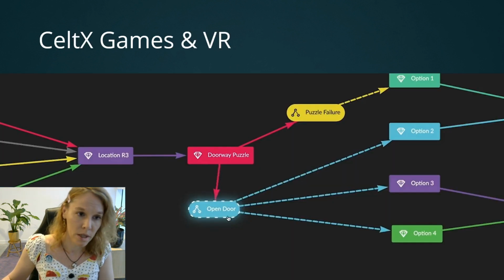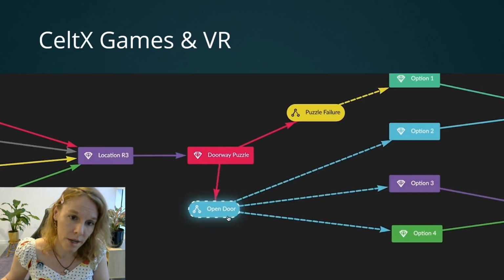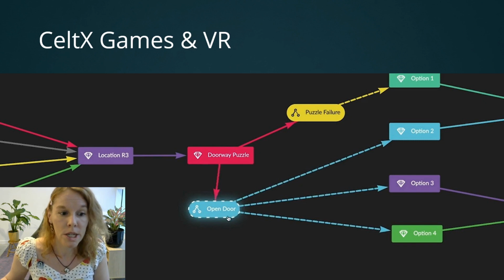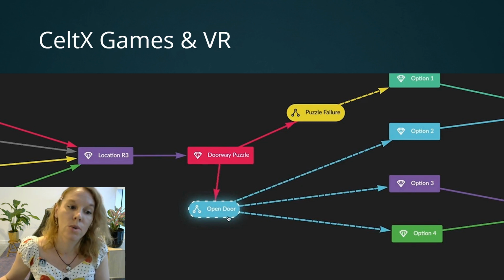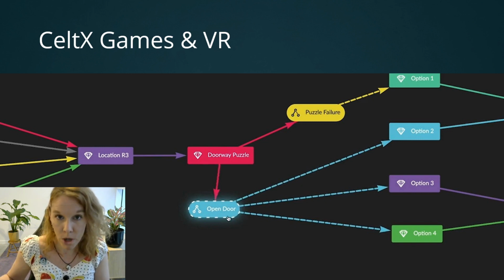Okay, next up. So we have Celtx Games in VR here. This company originally developed screenwriting tools for the film industry. And so the goal for Celtx, for the basic tool, is to organize film projects, like film production as well, but also obviously the screenwriting content.